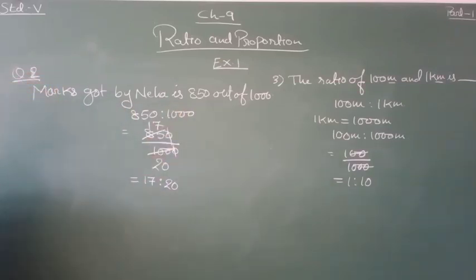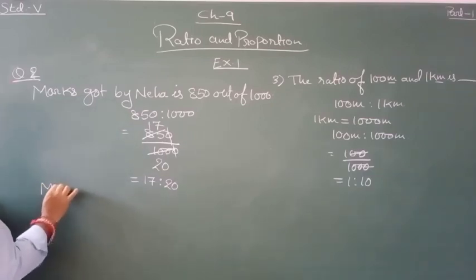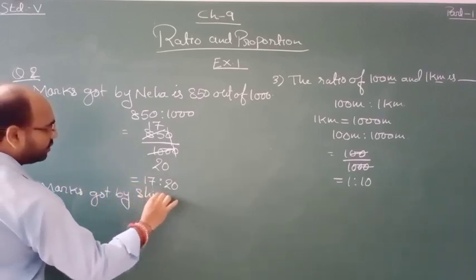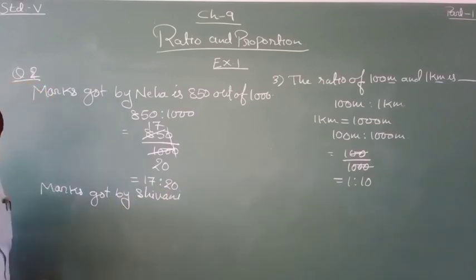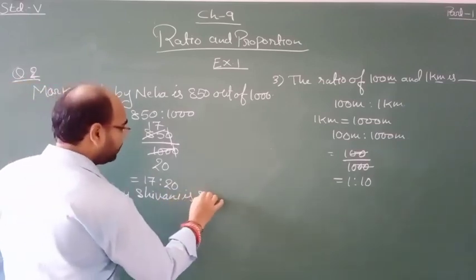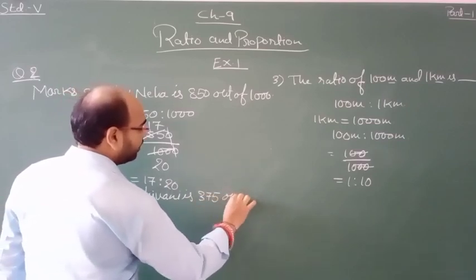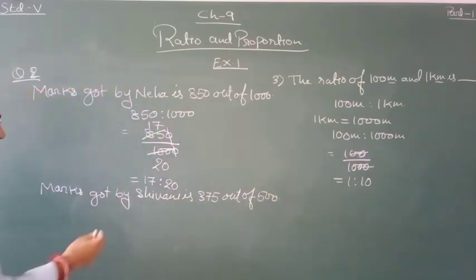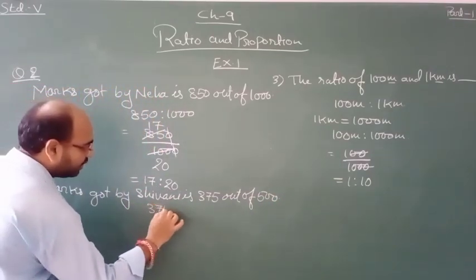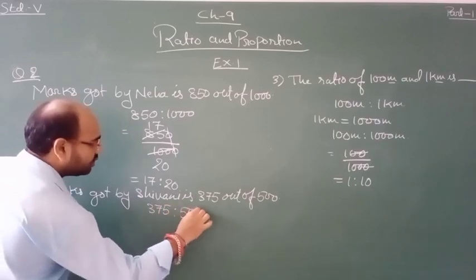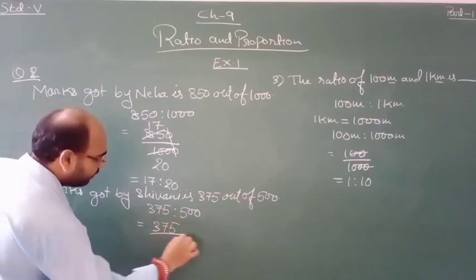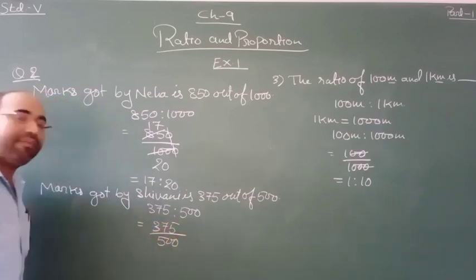Now the second person is being given, that is Shivani. So marks got by Shivani is how much? Is 375 out of 500. So what can be done? Will be written as 375 is to 500, which will be equal to 375 upon 500.